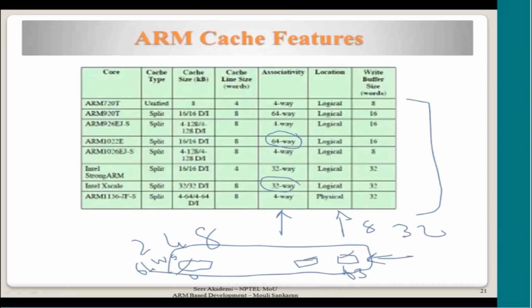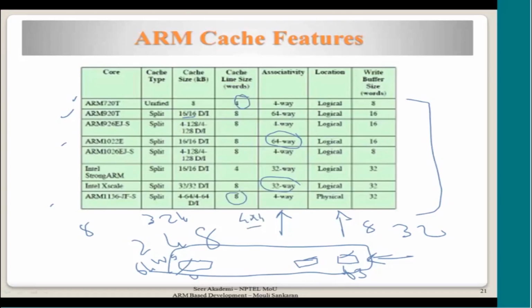So there are different families of processors: ARM 720, ARM 920, StrongARM, ARM 11. And then data or instruction cache. How much size? 32 kilobytes or 8 kilobytes. There are different sizes. Cache line size, block size, 4 or 8 words. 4 words means 4 into 4 bytes.